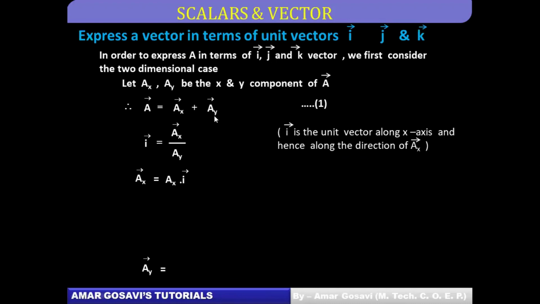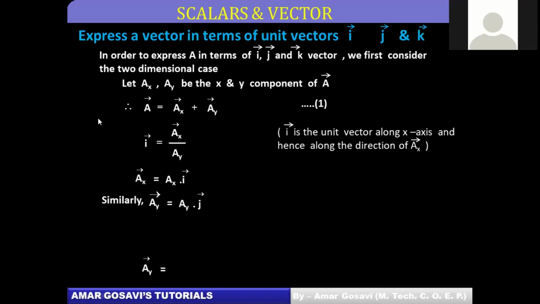Similarly, we can work it out for ay bar in a similar situation. ay bar can be represented as ay into j cap. Why j cap? Because j cap is the unit vector along the y axis. i cap is the unit vector along the x axis.